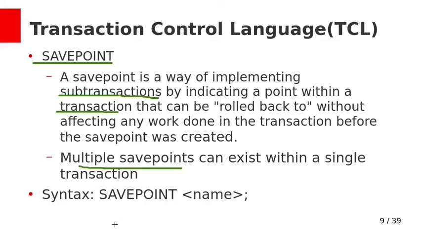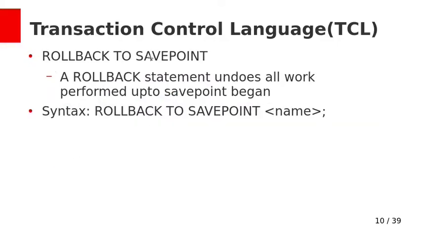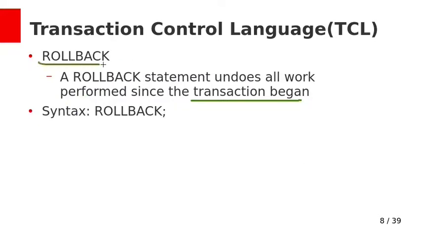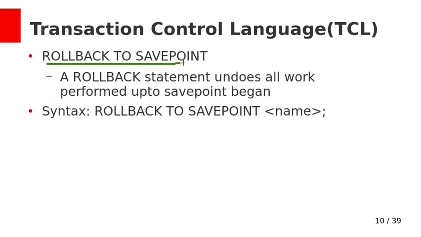The syntax for the savepoint will be like this: savepoint, and we need to specify the savepoint name. Then rollback to savepoint. The rollback statement undoes all the operations within the transaction, whereas the rollback to savepoint statement undoes all the work up to that specified savepoint. The syntax will be: rollback to savepoint, and we need to specify the savepoint name.